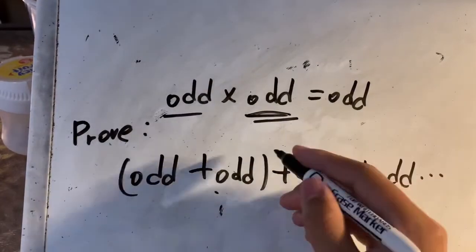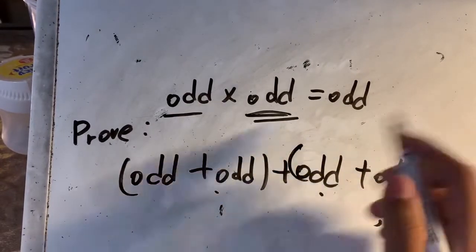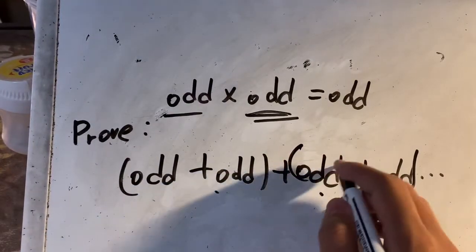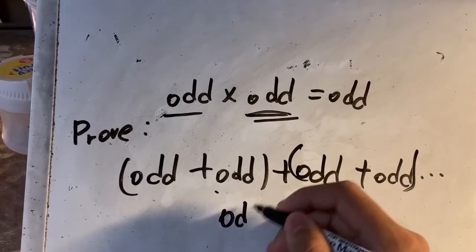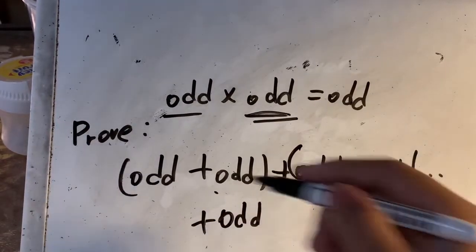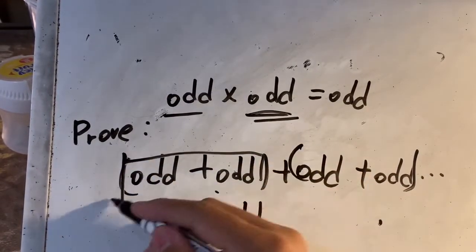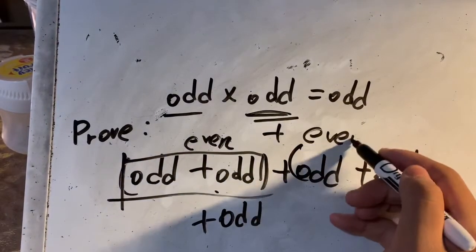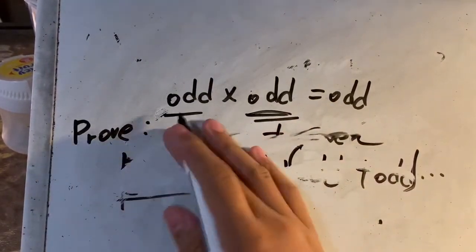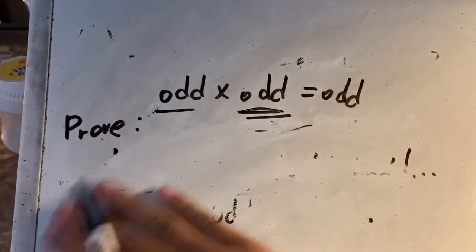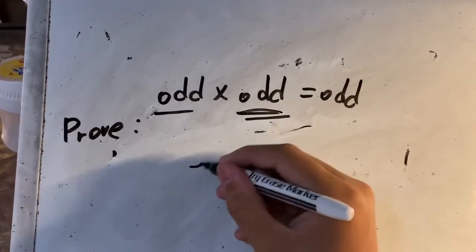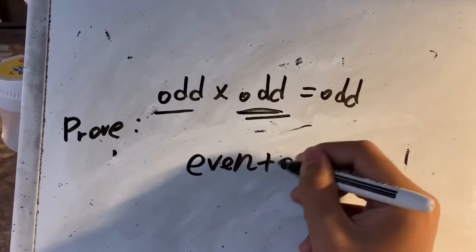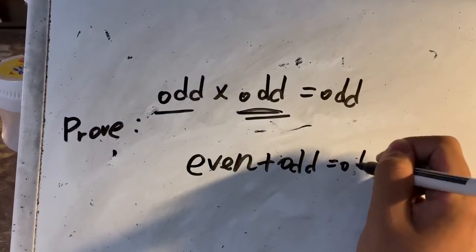So this means we can split it into many groups of odd plus odd and leave one odd. Every group of odd plus odd is even, and even plus even is even. So this will be simplified into one case, even plus odd. And since we know that even plus odd is odd, the final answer is going to be odd.